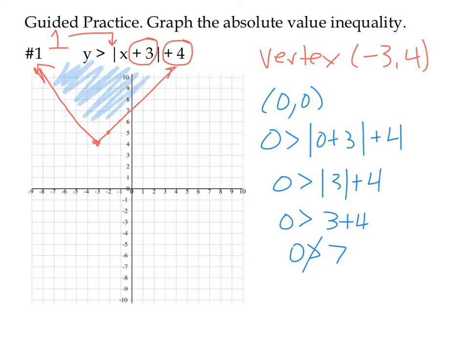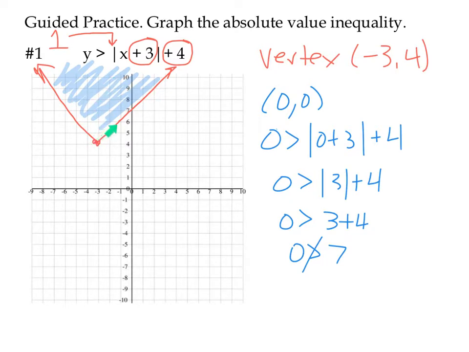And we shade in there, and that would be our graph for that absolute value inequality. If you picked any point that's inside here, like if you picked the point -2, 8, and plugged it in for x and y, it will make this inequality true. The shading is telling us that that's all part of the solution.